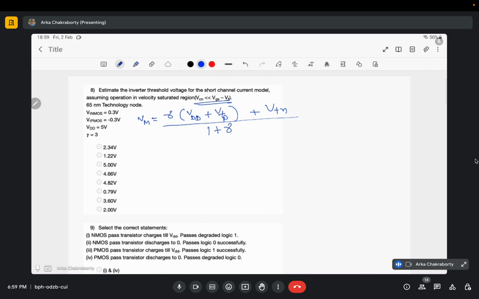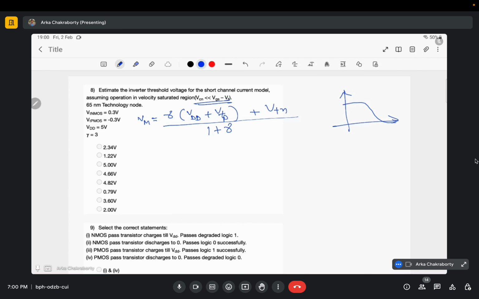Now you might ask the question, none of you have asked, where this equation is coming from. For long channel devices I get one equation, for short channel devices I get another. Where am I getting it from? Nothing you have to do, it's very simple.